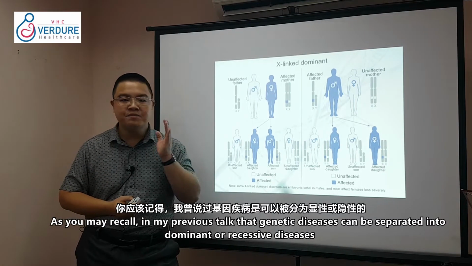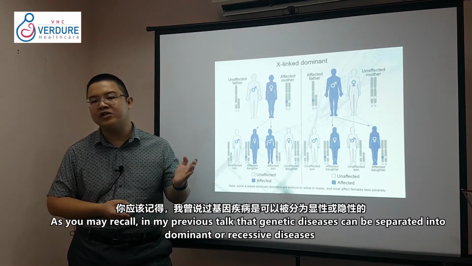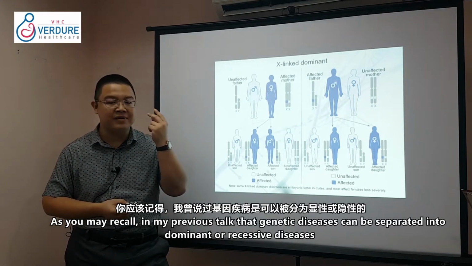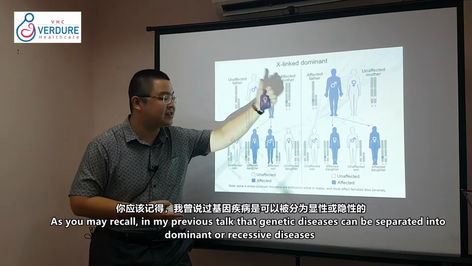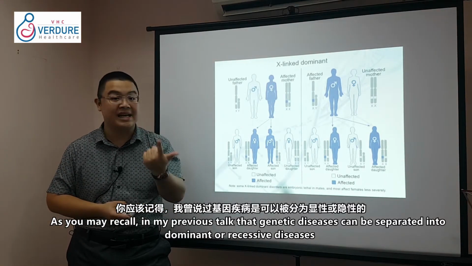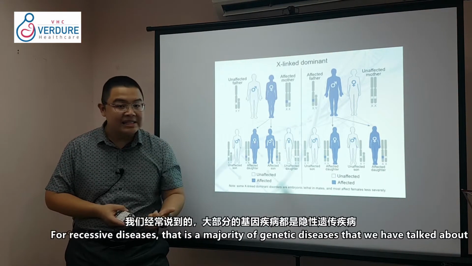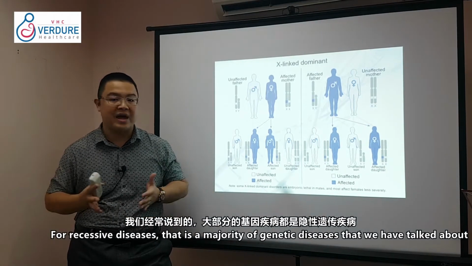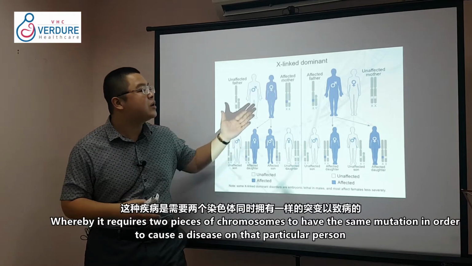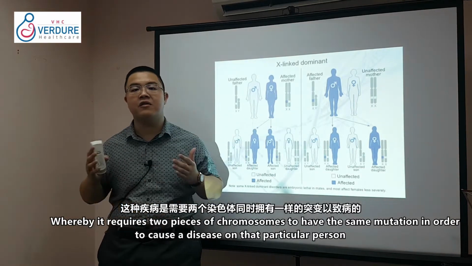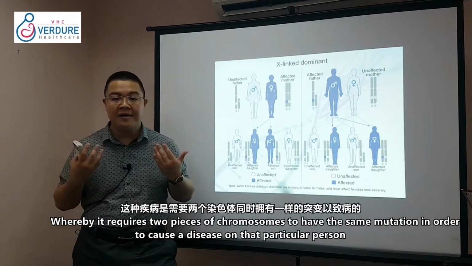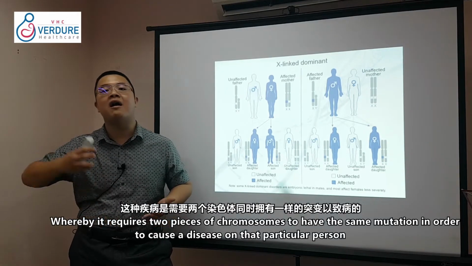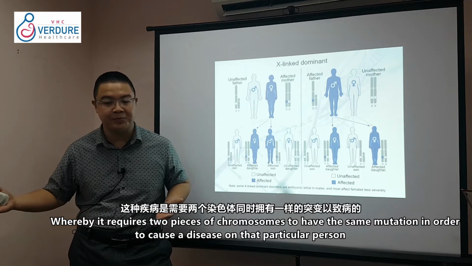As you might recall from my previous talks, genetic diseases can mainly be separated into dominant or recessive diseases. Recessive diseases are the majority of the genetic diseases we have talked about, whereby it requires 2 pieces of the chromosome to have the same mutation in order to cause the disease in that particular person.